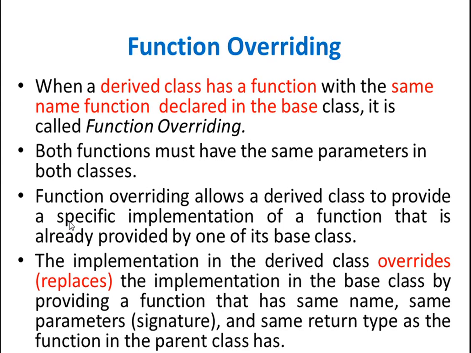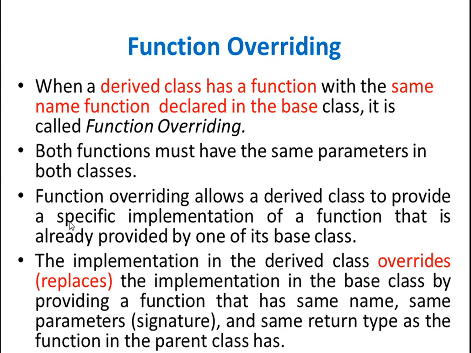Function overriding allows a derived class to provide a specific implementation of a function that is already provided by one of its base classes. Means when we use the inheritance concept, whatever is declared in a base class is inherited into the derived class, and the same happens in function overriding also.